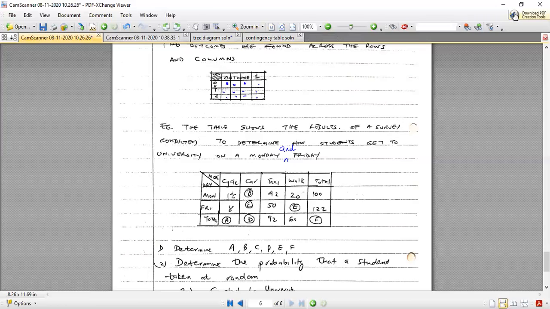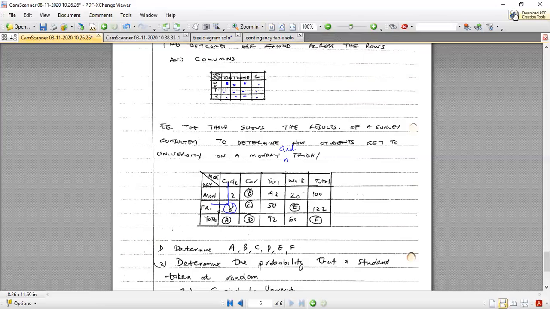And here now we can see that on Monday, 12 of them use cycling, whereas on Monday, 42 use the taxi, and on Monday, 20 walk, and the total is 100. But we don't know how many people use the car on a Monday. Let's look at Friday. All you do is go that way and across. And where they intersect or meet, that would be your outcome.